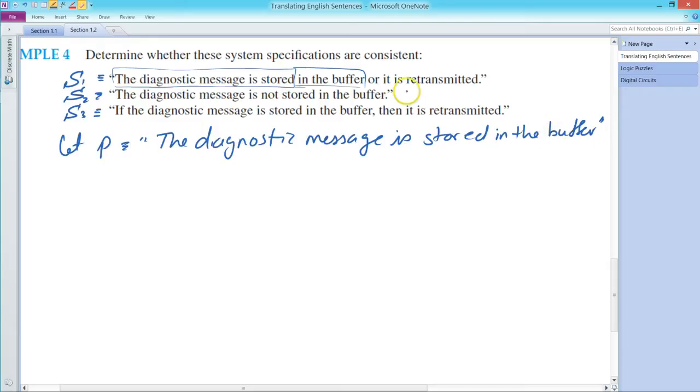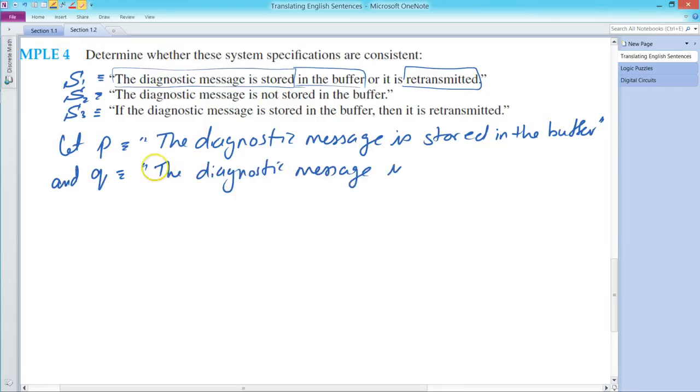The next component would be the diagnostic message is transmitted. So let Q be the diagnostic message is transmitted. Remember, as I said earlier, try to represent the positive form of the component or the sentence with the logical variables. The next step would be to represent S1, S2, and S3 using logical variables.